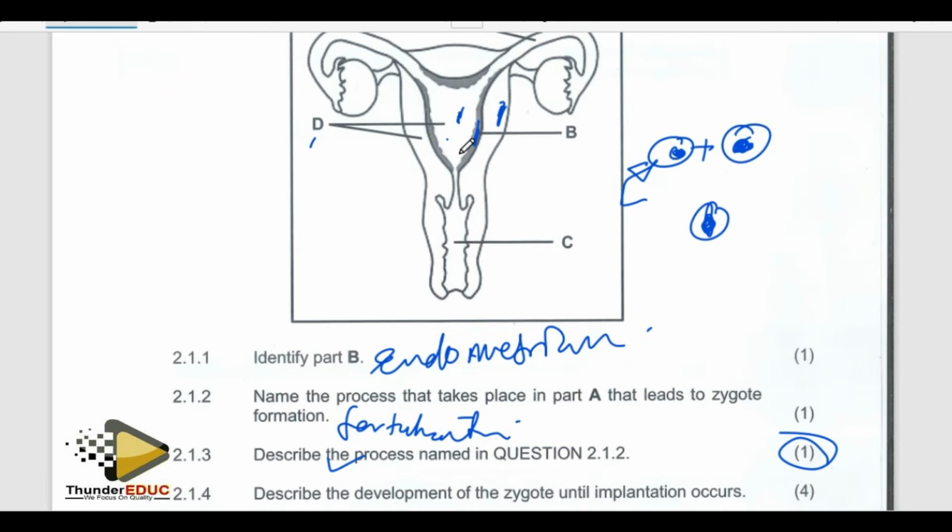it stretches to accommodate. The muscles are able to stretch to accommodate the growing baby. That's the first point: stretching. Why does it stretch? To accommodate the growing baby. Number two, these muscles don't only stop there from stretching.